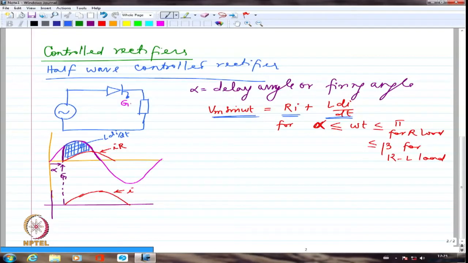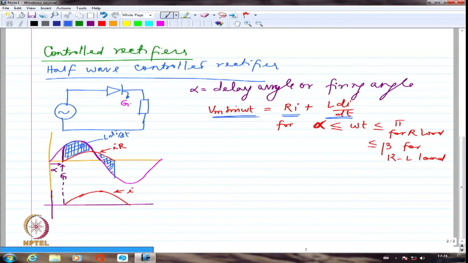It will be reversed, yes. See, if I am writing Vm sin omega t, it is still Vm sin omega t. Only thing is omega t is now greater than pi, so automatically it becomes negative. I don't have to reverse it forcefully, right? After this, IR is somewhere here. If I look at the difference between IR and Vm sin omega t here, this happens to be the VL value, which is in the negative direction now.